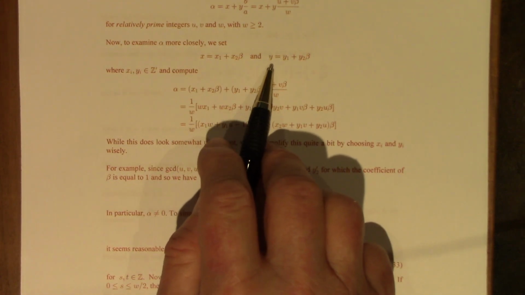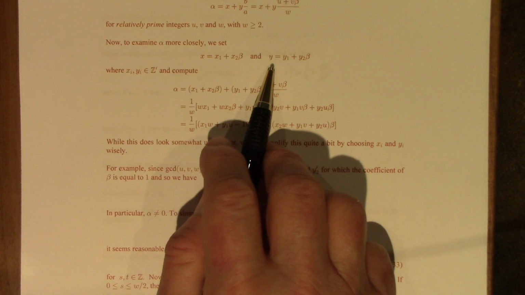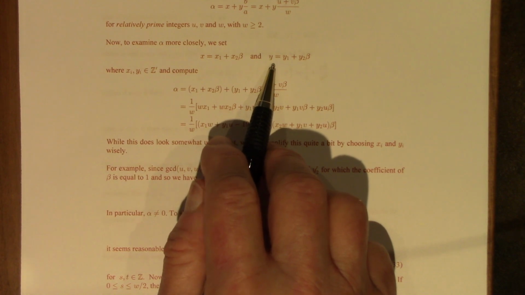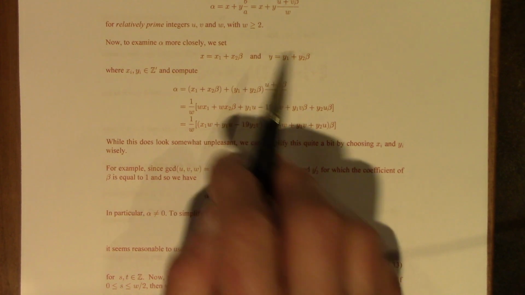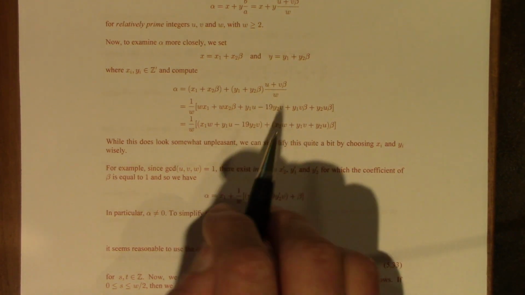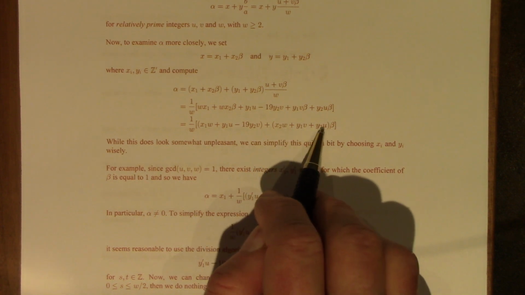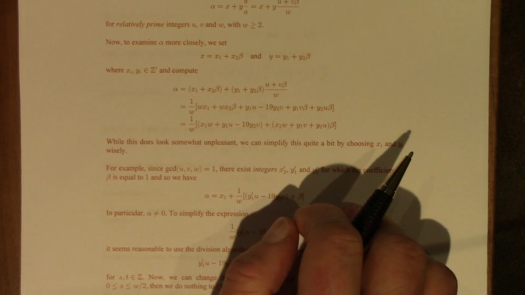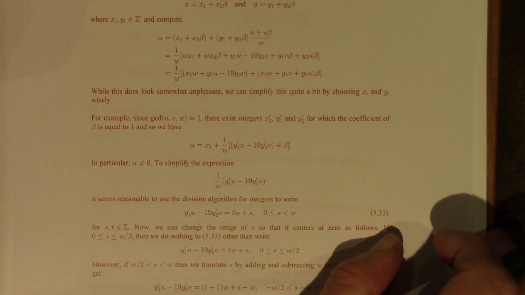We're searching for x and y that fit those two inequalities we need. So it's up to us to find them, to choose them. Well, w, v, and u are relatively prime. Whenever you hear those words, the next thought in your head should be Bezout's identity.